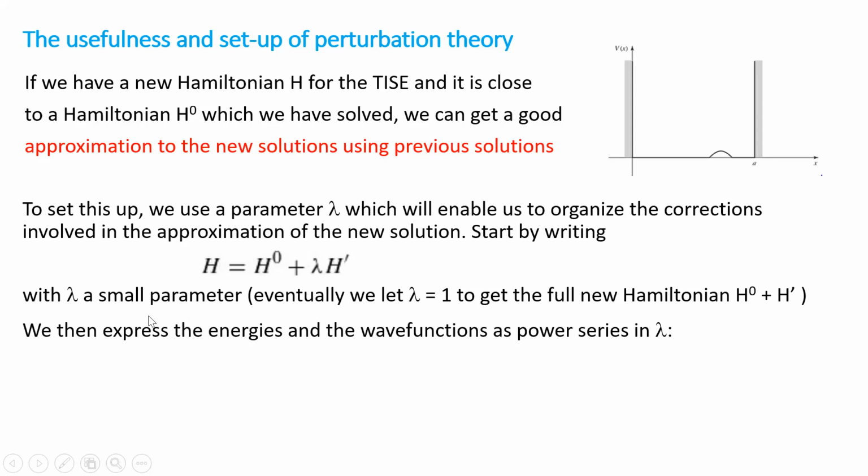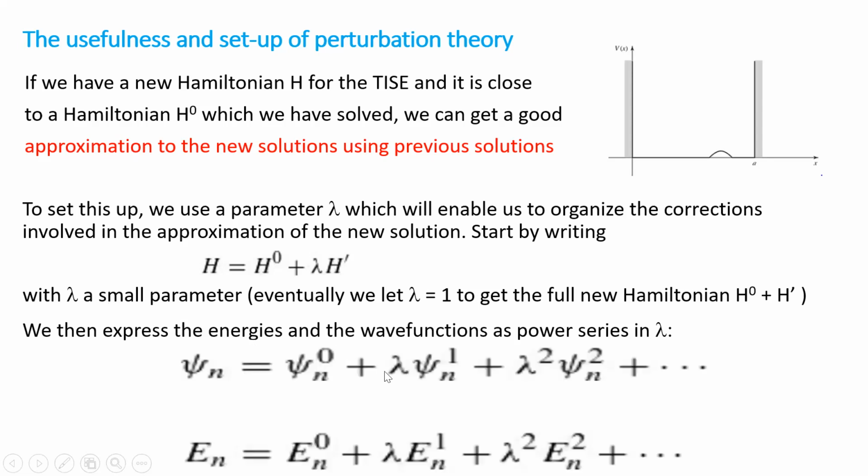With this small parameter lambda, we express the energies and the wave functions as a power series in lambda. So we take the new wave function psi n as psi n0, the previous wave functions, plus the first power of lambda times a first order correction, plus the second power of lambda times a second order correction, psi n1 for the first order correction, psi n2 for the second, and similar for the energies.